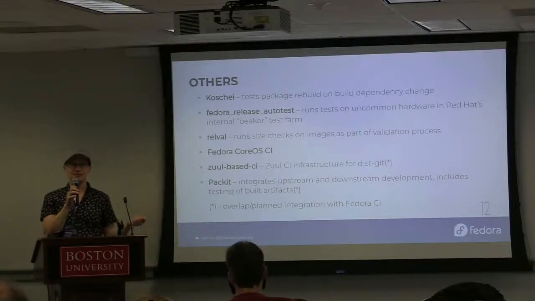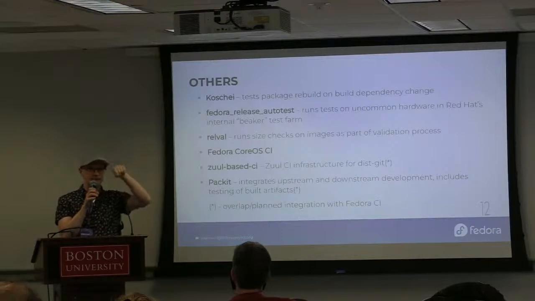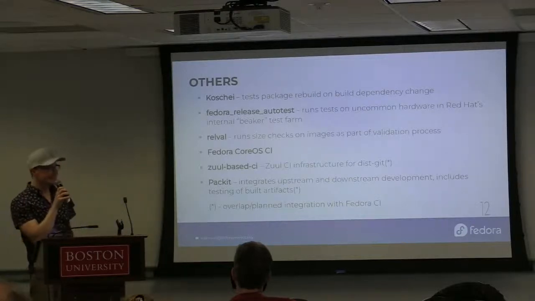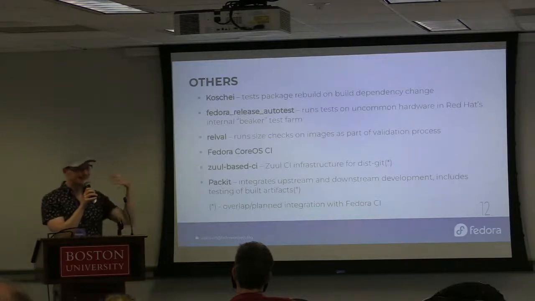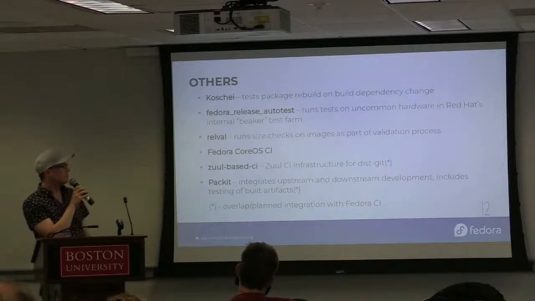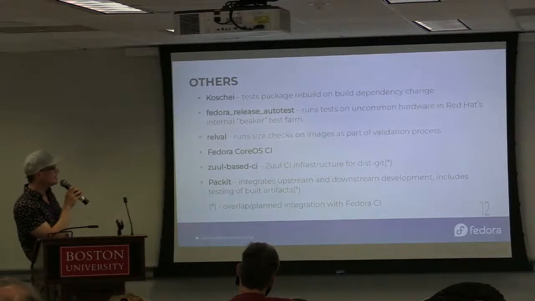When you release the distribution, you kind of want your images to be small enough to fit on a USB stick or a DVD, maybe, if people remember what DVDs were, the little shiny things. Yeah. CDs, we still target CD size for some images, I think. But anyway, there's size limits for the images, and we want to make sure they meet them. And we want to make sure that when that stops being the case, we find out as fast as possible. So having that automated is nice.